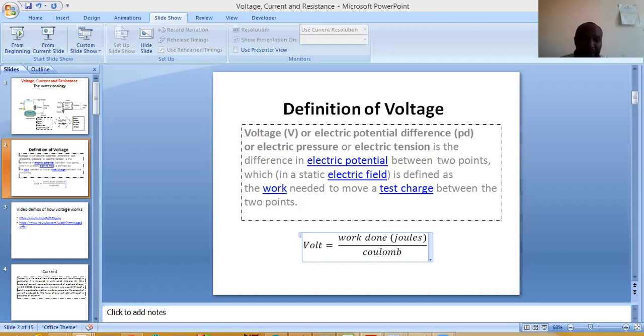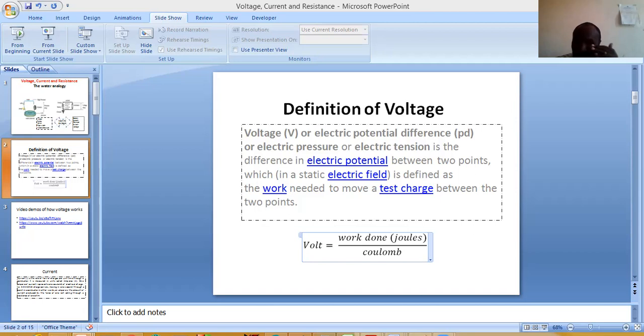So mathematically speaking, then you could write an expression like this, that V is proportional to I, where V represents voltage and I represents current. Now, you can put this expression in equation form, where then we say voltage is equal to a constant of proportionality multiplied by current.